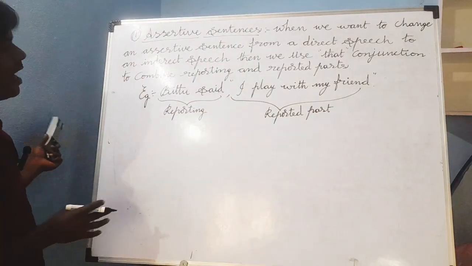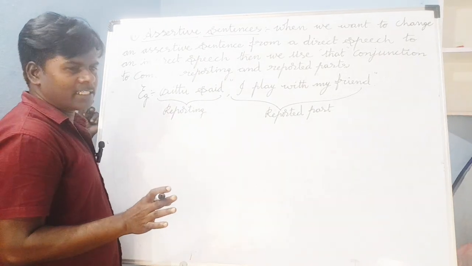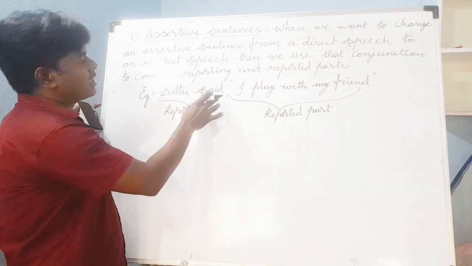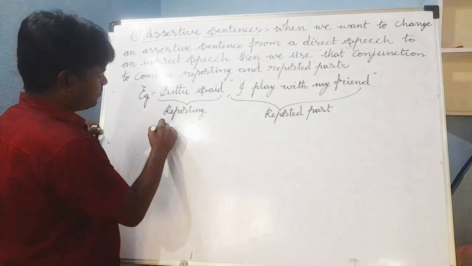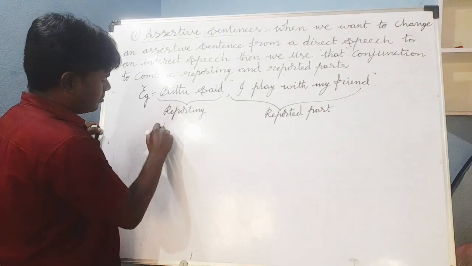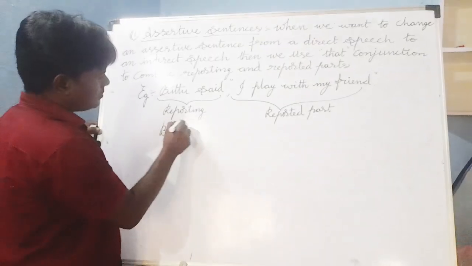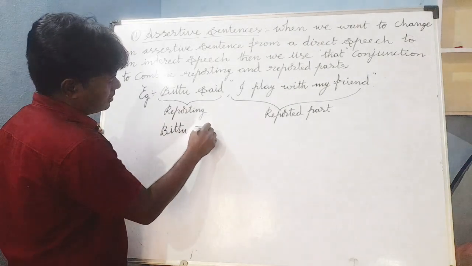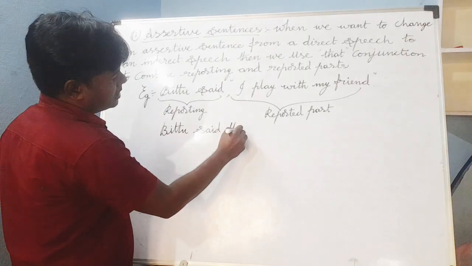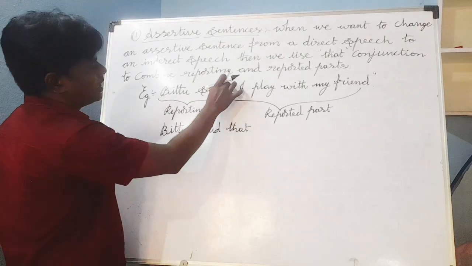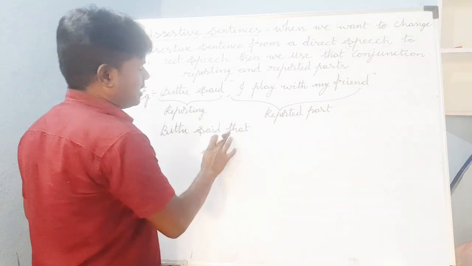So here we have to combine these two sentences with that conjunction to change this direct speech into indirect speech, right? So now, Bittu said that. Instead of these inverted commas, we have to use that conjunction, right?